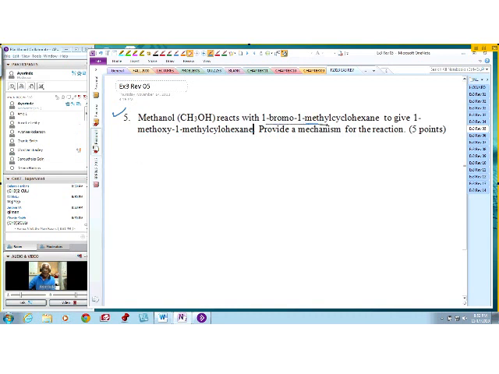We have this 1-bromo-1-methylcyclohexane, and it says it reacts with methanol to give this.